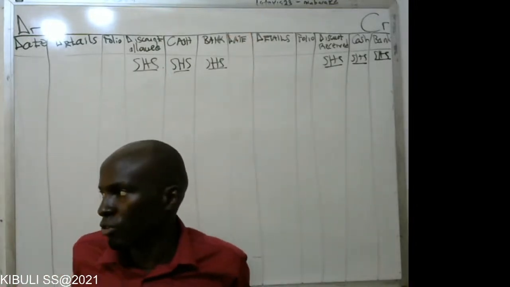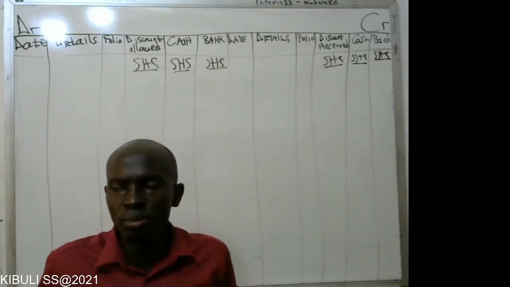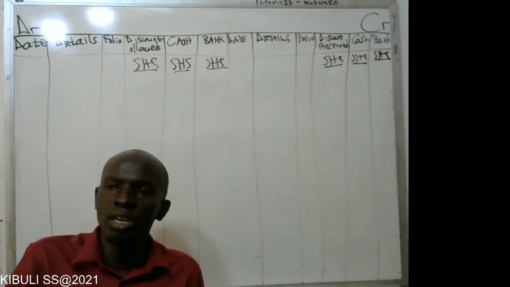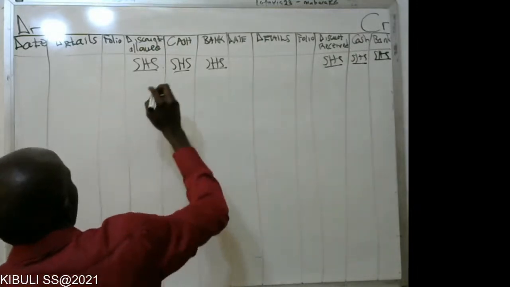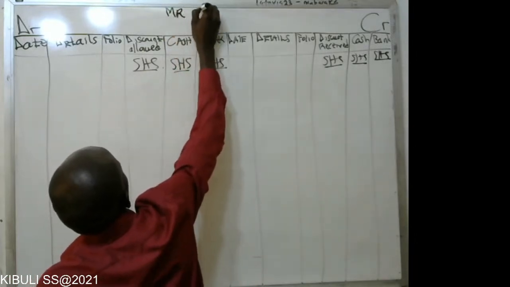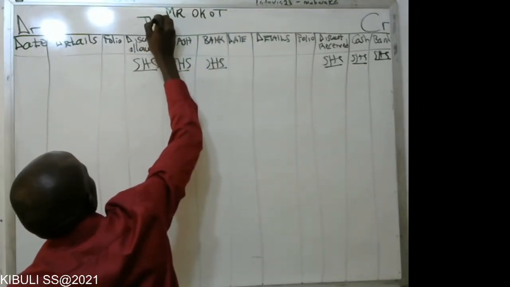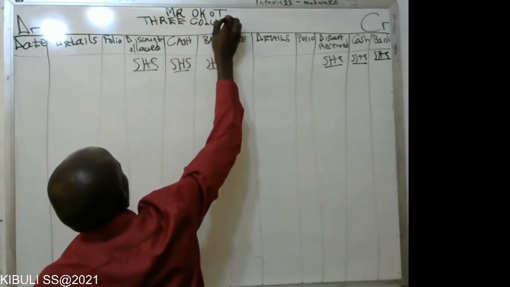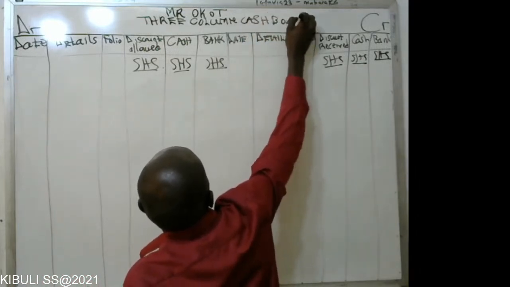So can we proceed and draw our 3-column cash book? Begin with the title: the business name in the first line, type of book, 3-column cash book, in the second line, and then the period in the third line. Can we do that together, class? So the name is Mr. Okot. Then in the second line you say 3-column cash book.